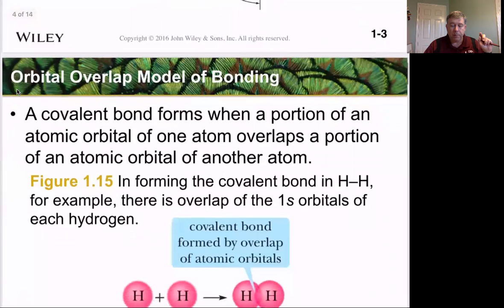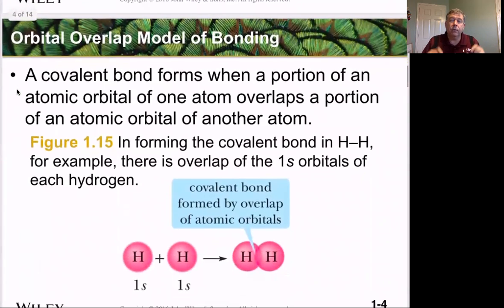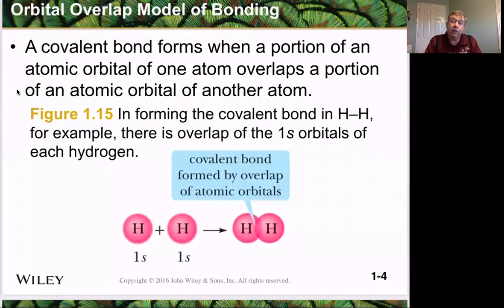So what do we have happen right here? When we make a covalent bond, we overlap 2 orbitals. And if they're equal orbitals, like in the case of hydrogen, we only have a 1s electron and a 1s electron, and they overlap to form this covalent bond. And that is nice and simple. Once we get to the 2 energy level, we have to worry about whether we're bonding to an s or a p.